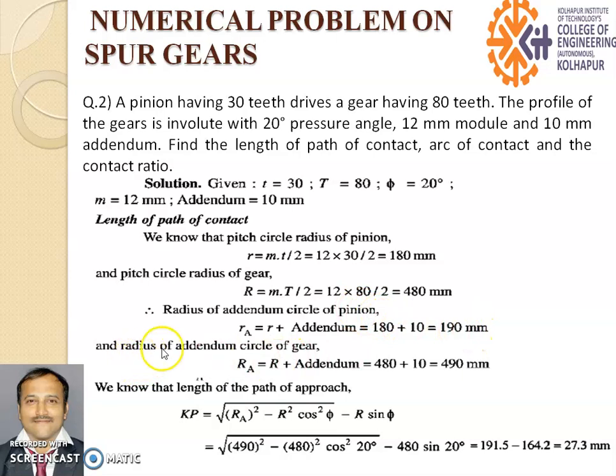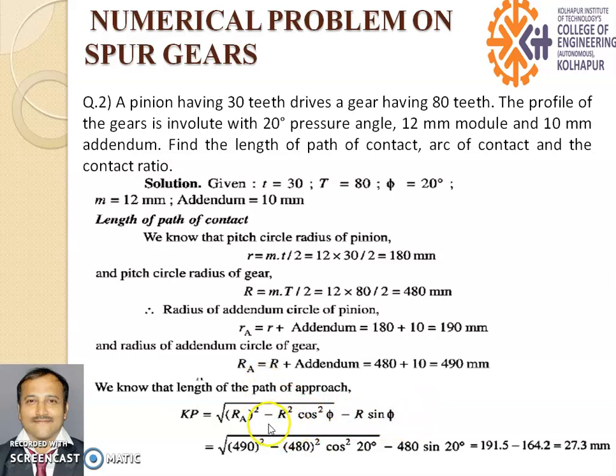Similarly, radius of addendum circle of gear capital RA is equal to capital R plus addendum. So the value of radius of addendum circle of gear is 490 mm. We know that the length of path of approach KP is equal to under square root of RA square minus R square cos square phi minus r sin phi.